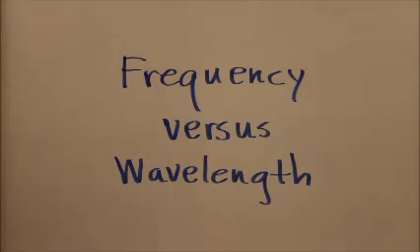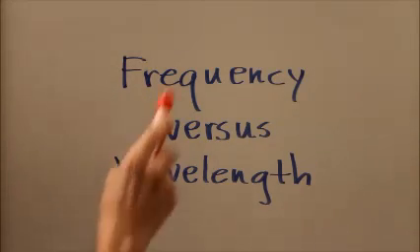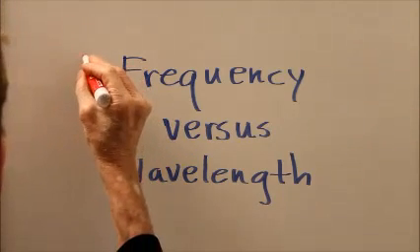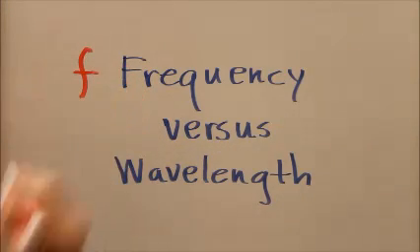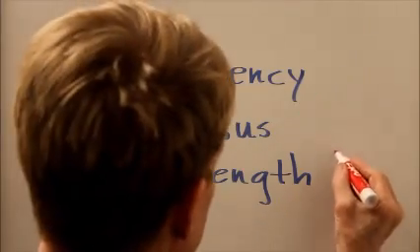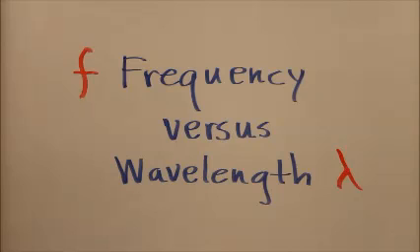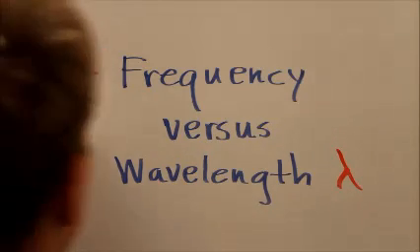Well, let's remember how that works. It's really quite simple. Frequency, generally abbreviated or symbolized as a lowercase italic f, and wavelength, symbolized by a lowercase italic Greek letter lambda that looks like that.